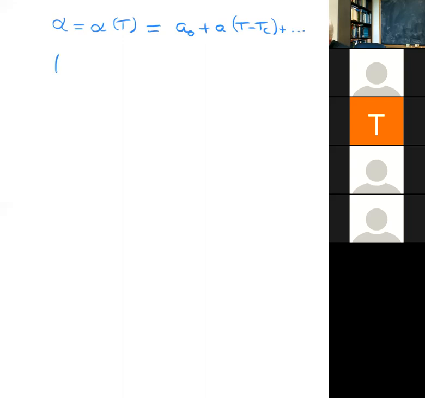And similarly for beta, so beta is really a function of T, which is some B naught plus and so on. As we'll see in a second, for this theory to actually describe a phase transition, A naught must actually be 0.